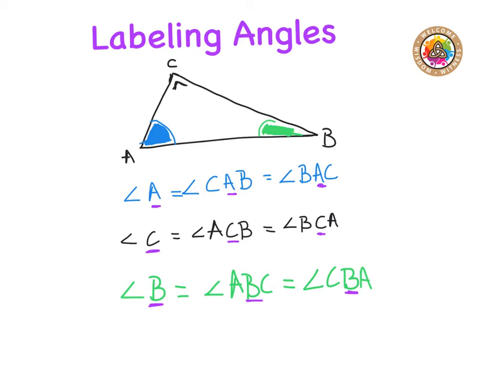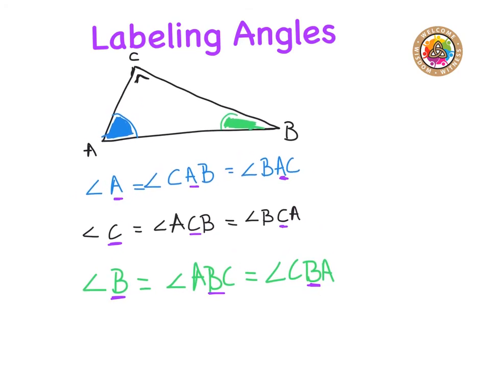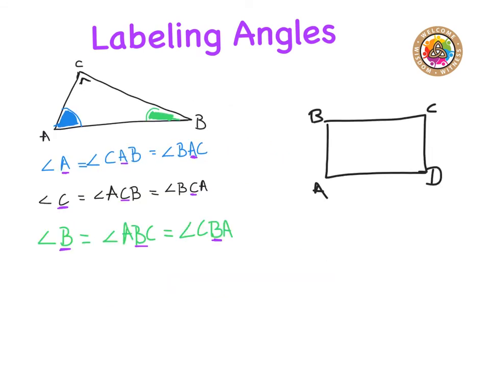Okay, similarly, if I had a rectangle, so here's my rectangle ABCD, and if I want to look and see this angle here, so the angle at B, well, that is still equal to angle ABC or angle CBA.